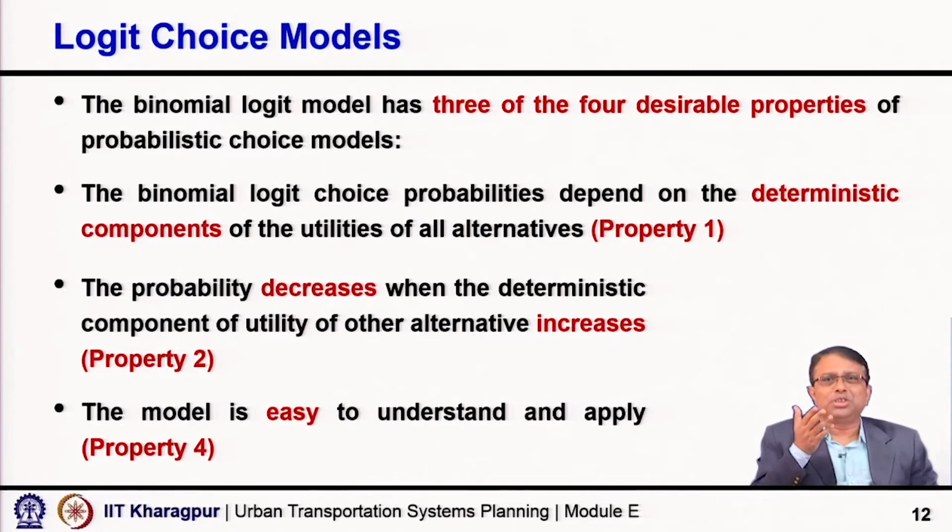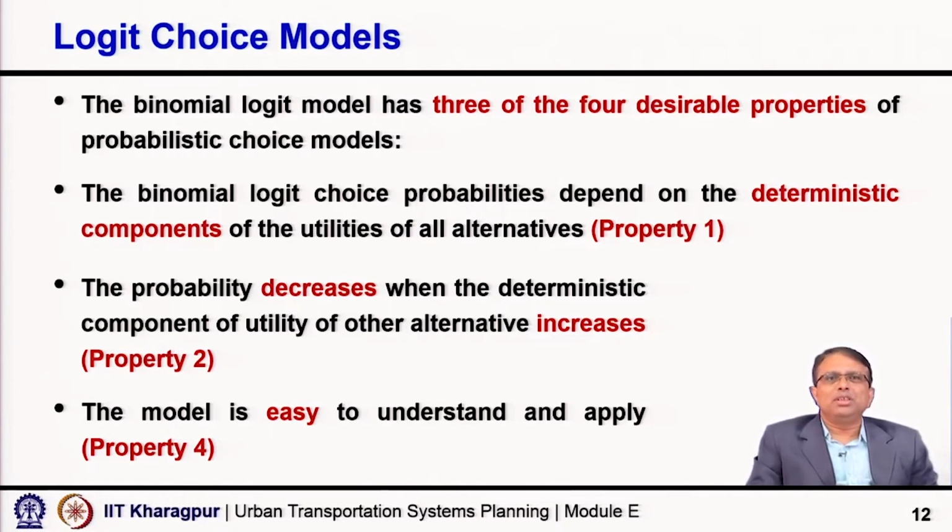Yes, in the equation you have e to the power v1 as well as v2 in the denominator, and e to the power v1 or e to the power v2 in the numerator, depending on what probability we are trying to find out. So the probability of choosing one of these 2 alternatives depends on the utility of both alternatives, and the first property is satisfied.